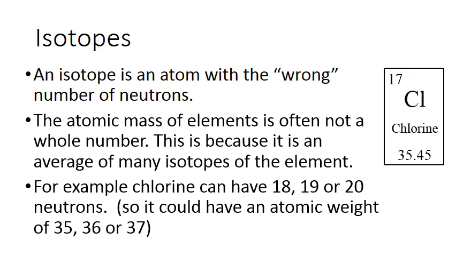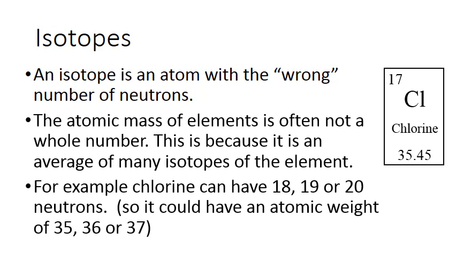But you don't usually get a pure sample of just one isotope of chlorine. So when you take a sample of chlorine, and it's all pure chlorine atoms, you're going to have a mixture of all those isotopes.